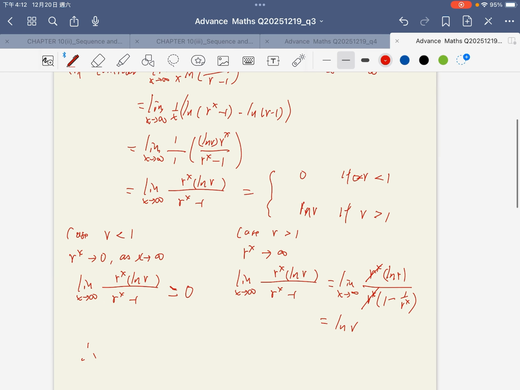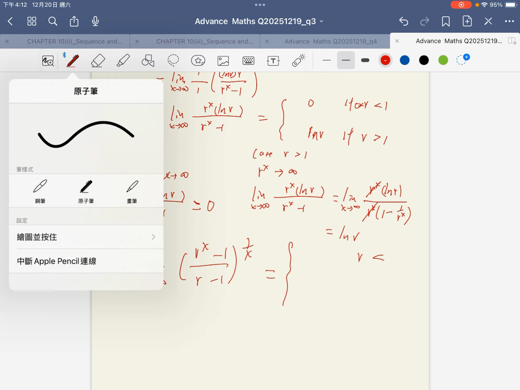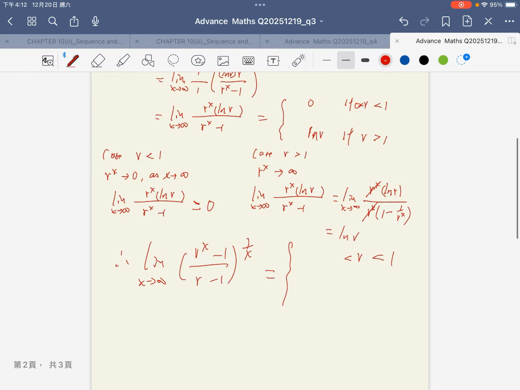Therefore, we go back to the limit as x tends to infinity of r to the power x minus 1 over r minus 1, to the power 1 over x. There are two cases. If r is less than 1, then the answer is 1. If r is greater than 1, then the limit is equal to r. Yes, this is a very nice result for you.